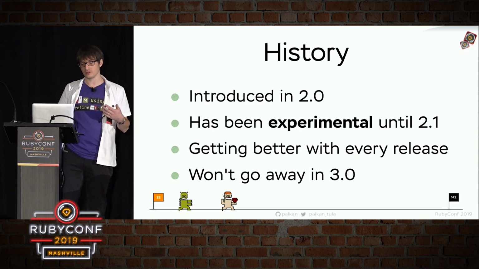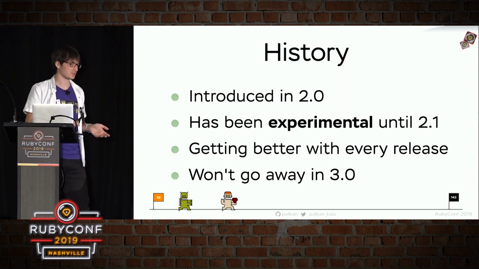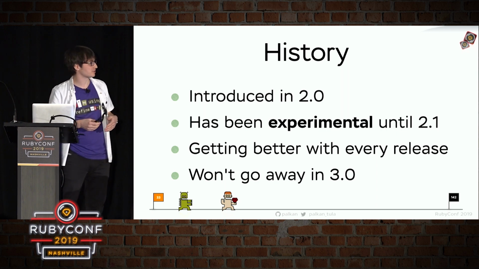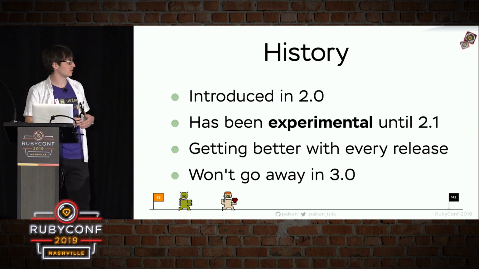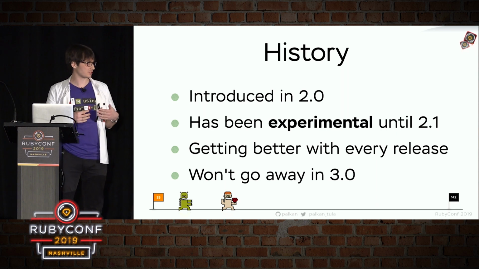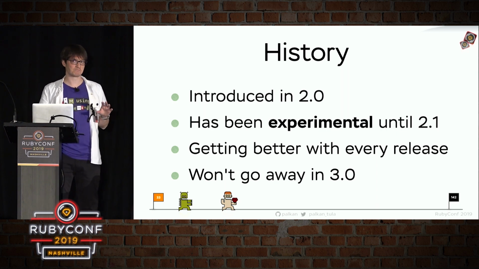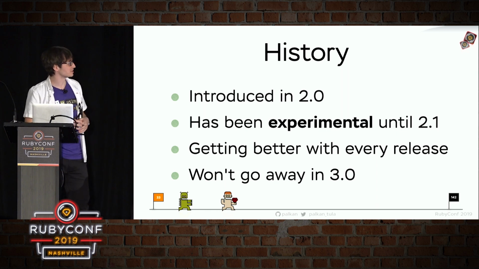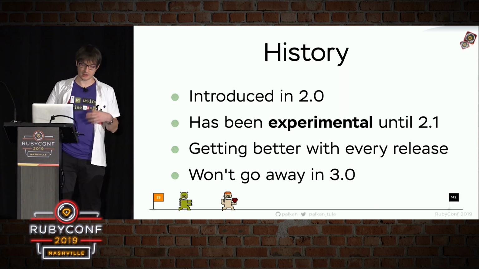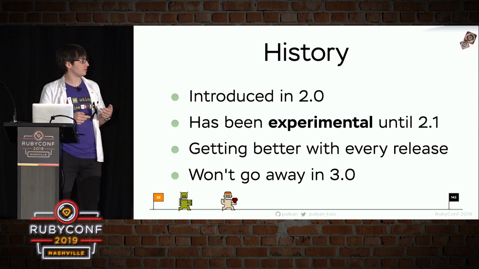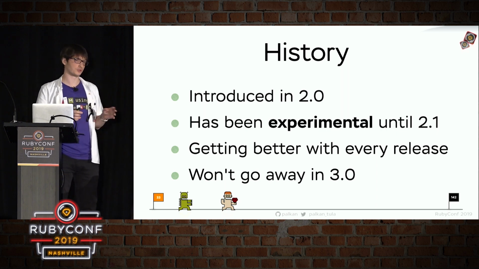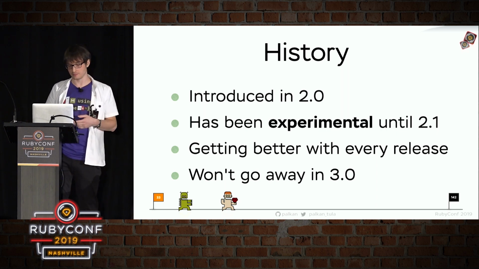And there were a lot of real problems and fictional problems with refinements, like inconsistency of functionality. Refinements were getting better with every release, and probably in 2.5 or 2.6, they finally became 90% consistent. But yeah, they're not going away in 3.0, so we're going to live with them for quite a time. So we're going to use them.